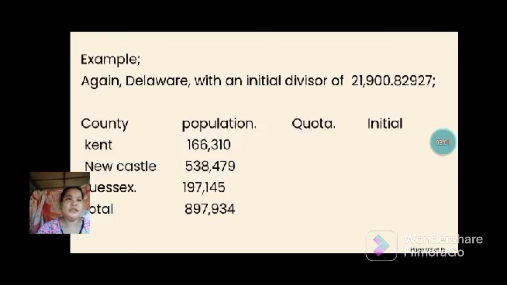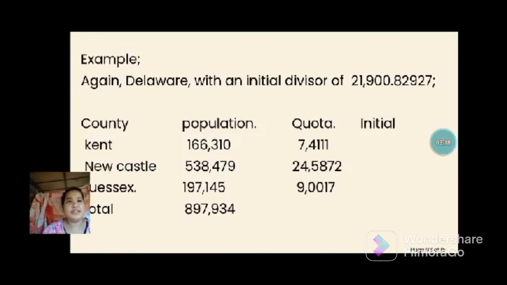To get the quota, you just need to divide the population of the county, 166,310, by the initial divisor of 21,900.82927. Then do the rest to get the final quota.